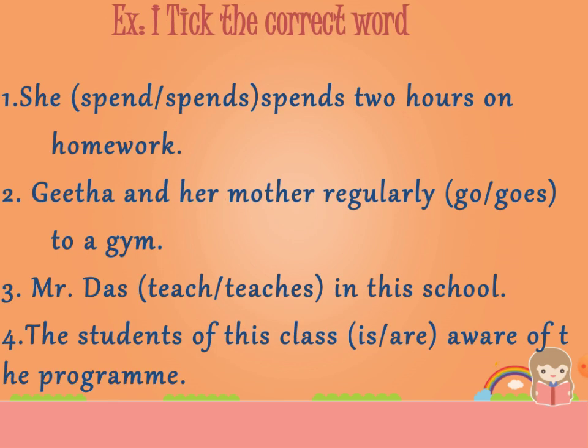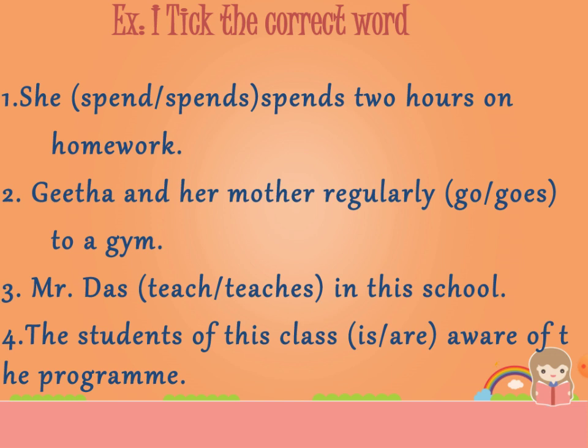So let's move on to the next exercise. Tick the correct word. Here children, you have action words. In the previous exercises, we solved is, are, am, was, were, has, have. Now here you have verbs. So here also the same rule.